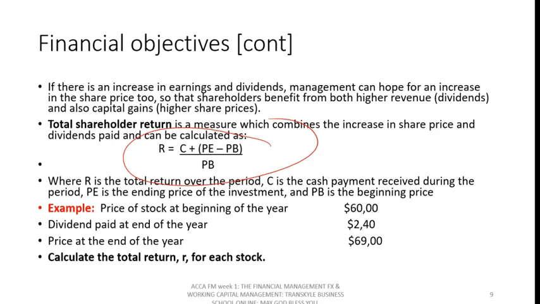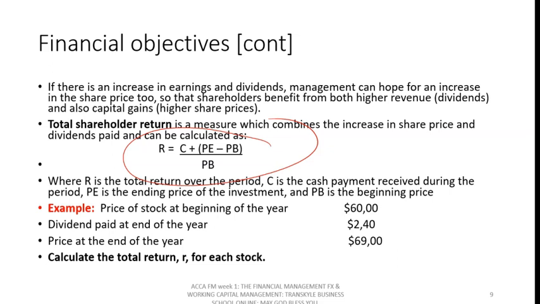And when you are talking of this cash payment, we are simply referring to the dividend which has been received, because to shareholders there is no other cash payment that they receive except the dividend from the company, due to their shareholding.